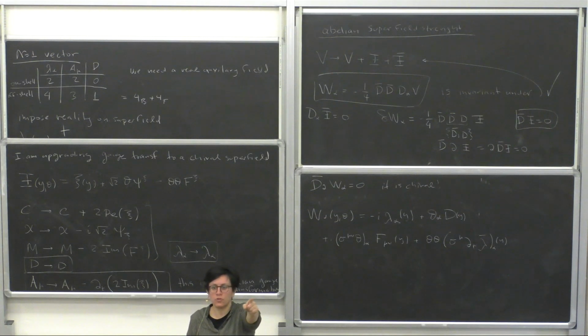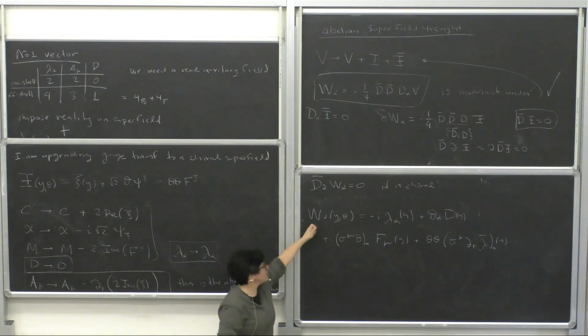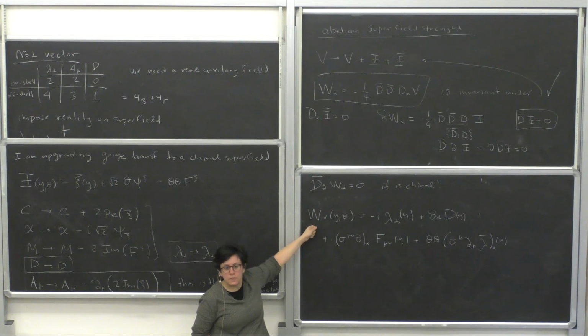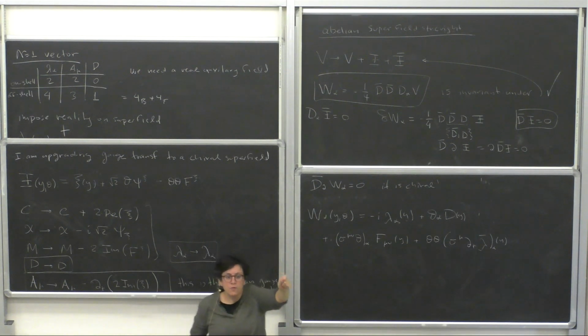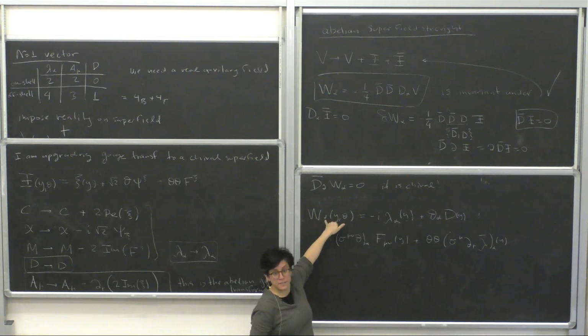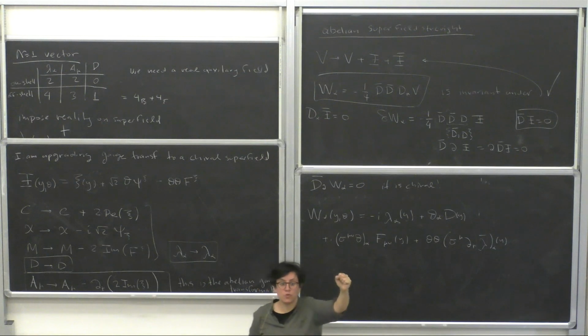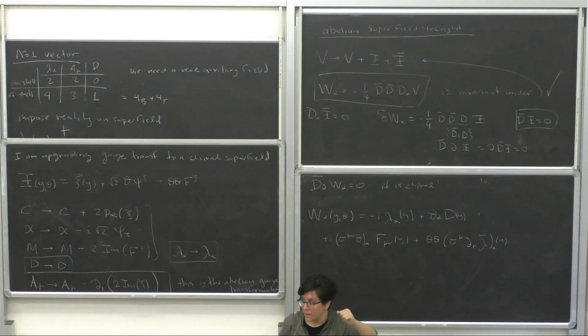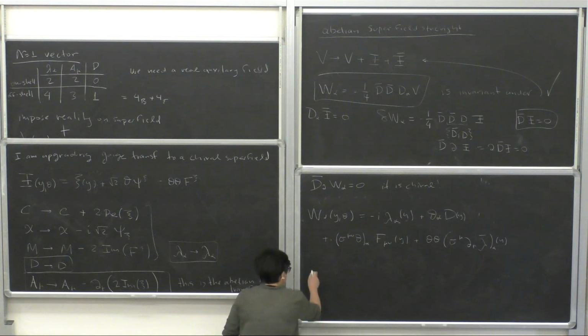Let me ask you also one other question. What is the mass dimension of W? 3/2. So if I have two W's, which is also important if I want to contract the index, how much is W squared? 3. What was the mass dimension of the superpotential if I wanted to get a Lagrangian? So this is what I need to write down.